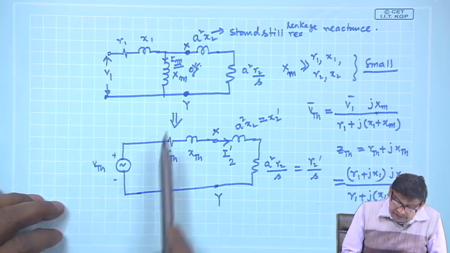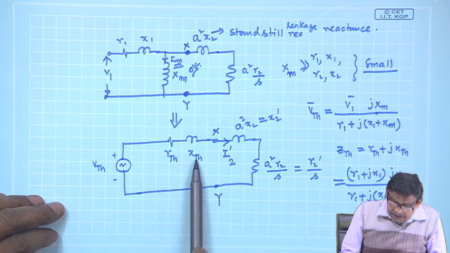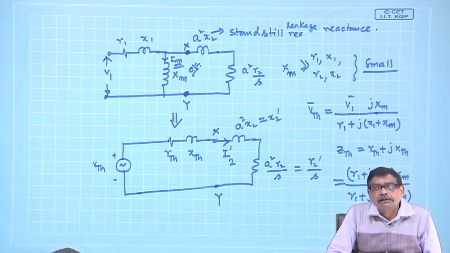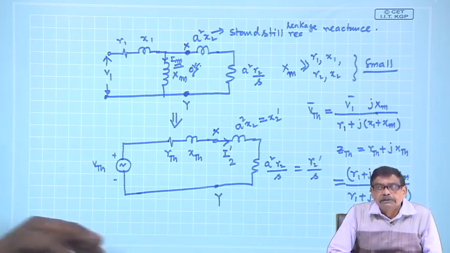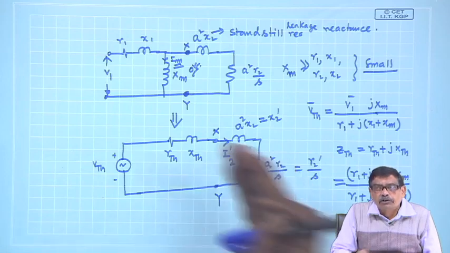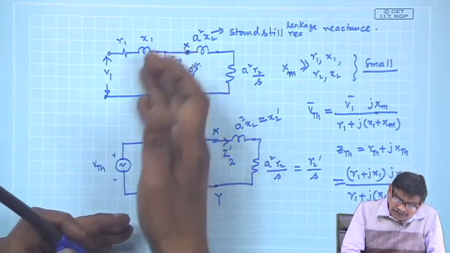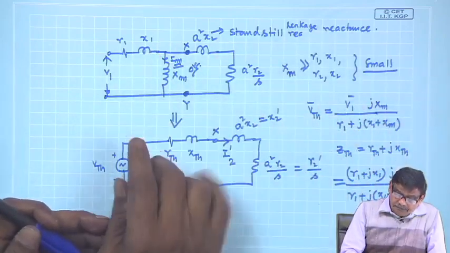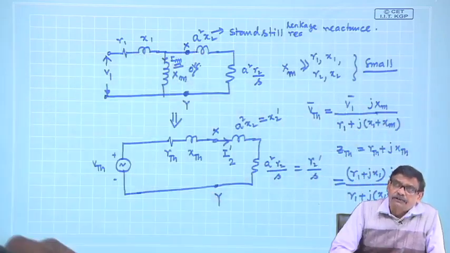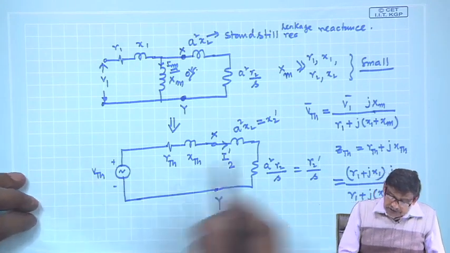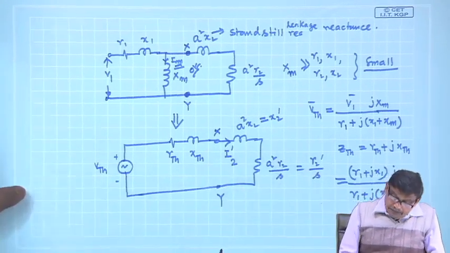That is, R Thevenin and X Thevenin still remain low, because any low impedance in parallel with a high impedance gives an equivalent impedance of the order of the lower impedance. In some cases people forget about XM, then it will be simply R1, X1. I think you got the point. So, this is how this equivalent circuit is drawn.